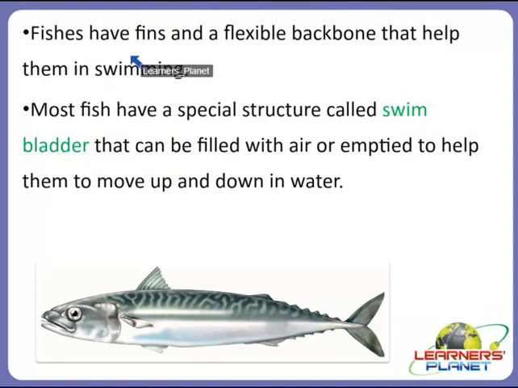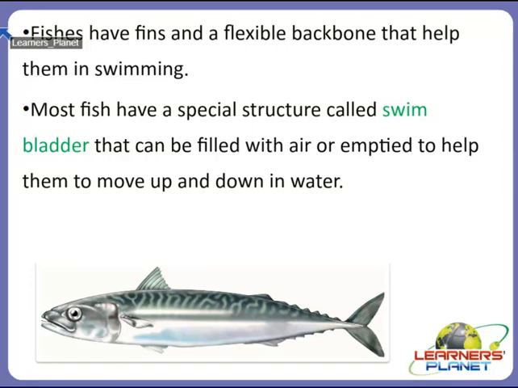So basically, fishes have fins and a flexible backbone that help them in swimming. Like most fish have a special structure called swim bladder that can be filled with air or emptied to help them to move up and down in water. So what does resistance mean over here?